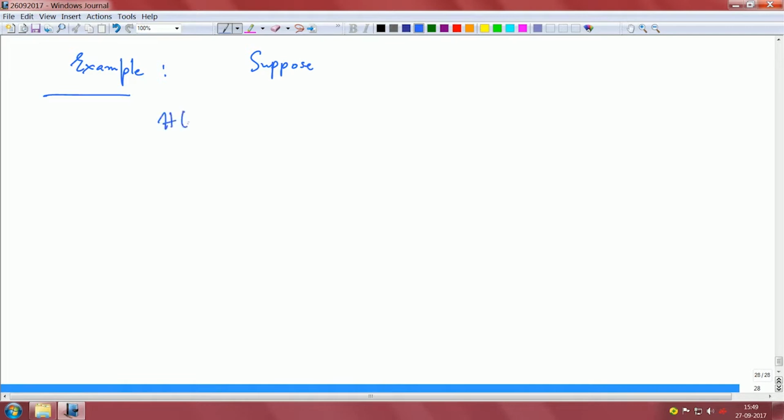Suppose H of z is the matrix with entries 1 plus z power minus 1, 1 minus z power minus 1, 1 minus z power minus 1, 1 plus z power minus 1 as shown.